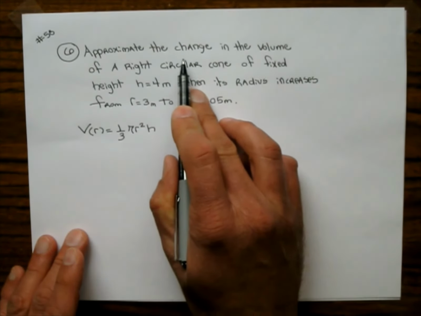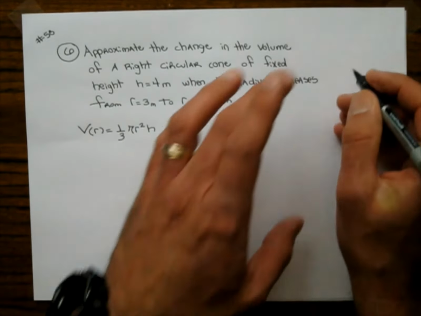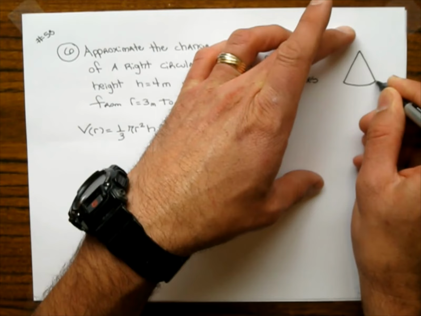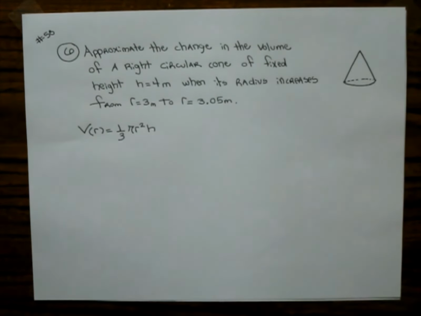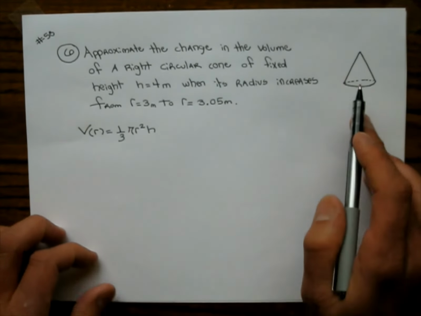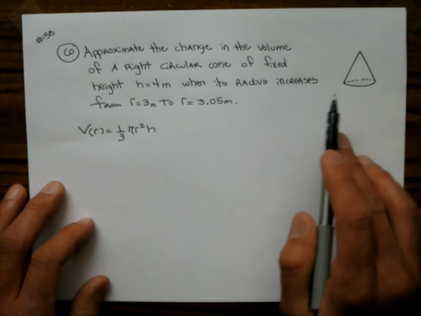It says approximate the change in volume of a right circular cone. Right circular cone looks like this. Now, they could not be a right circular cone, and they could be at a slant, and so you can have weird kind of cones, but it's kind of like an ice cream cone. And there's a circle at the bottom.